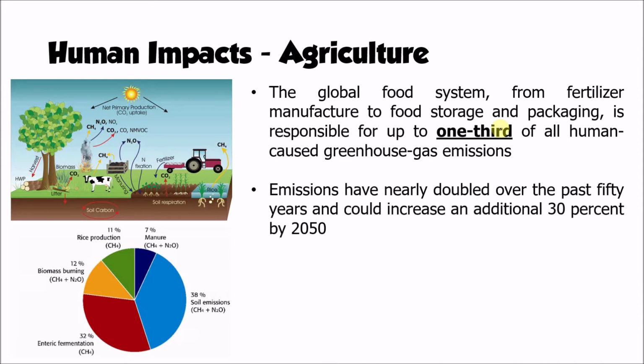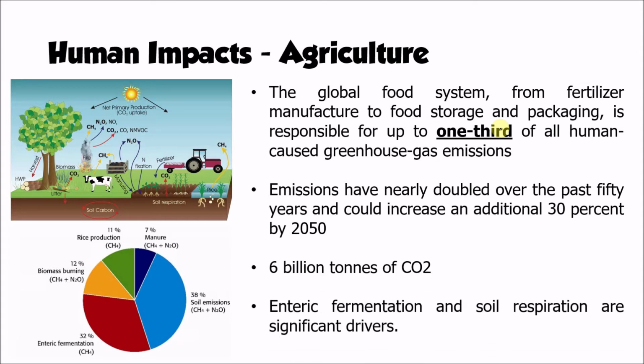These emissions have also been seeing a significant increase. They've actually pretty much doubled in the past 50 years, and estimates show that they could increase by another 30% by 2050.